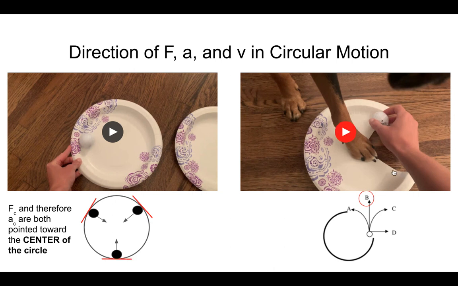As soon as the lip of the plate is gone, it's just going to keep going in the same direction that it was going before. It doesn't have that centripetal force anymore to make it go in circular motion. So we call this tangential velocity. The velocity vector is pointed tangent to the path, which is perpendicular to both the centripetal force and the centripetal acceleration.